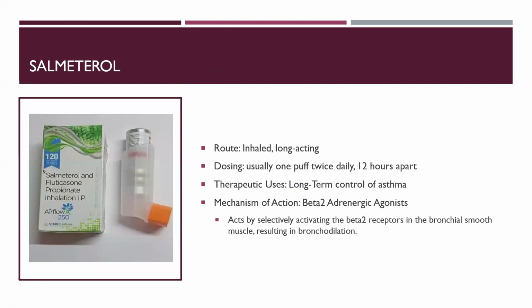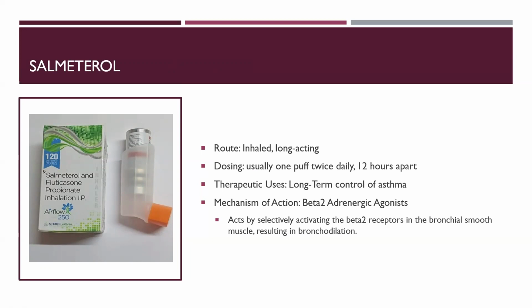So our salmeterol is inhaled and long acting. If it's long acting, that is one of my everyday inhalers. It's usually one puff twice daily, 12 hours apart, for long-term control of asthma. So this would be one of those that I would tell my patient, you can take this one every day. Now with this, it can only prevent asthma attacks, but not treat acute asthma attacks.